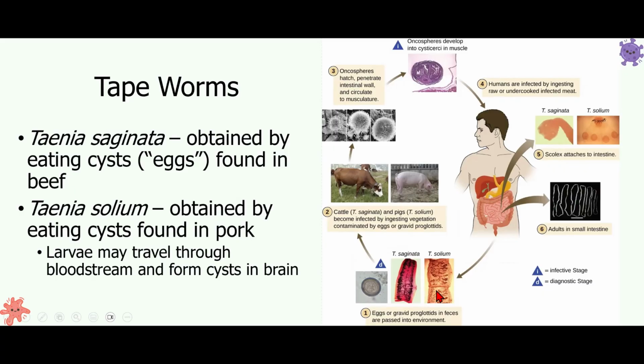And so that's why a lot of people want to avoid Taenia solium much more than saginata. Saginata doesn't really do that, whereas solium could possibly travel to your brain. So, not good. Anyway, that is it for this video. Thanks for watching, and I'll see you in the next video.